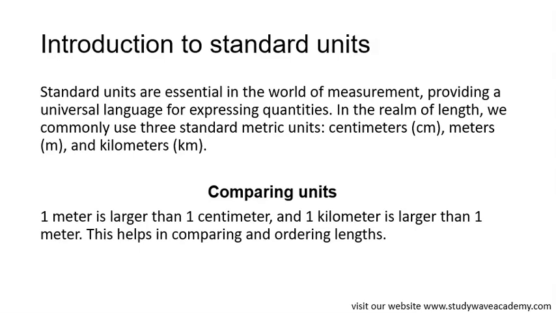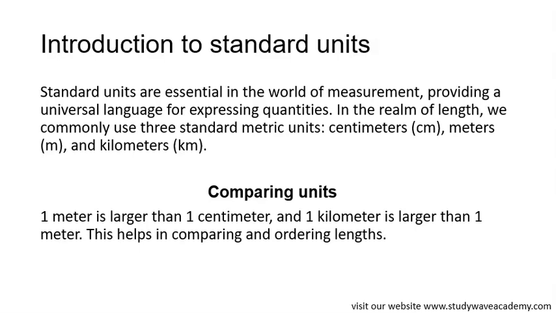So the centimeter is a small unit often used for short distance, like a width of a book or the height of a person. And meter is a versatile unit suitable for everyday measurements, such as length of a room or the height of a tree. Okay?